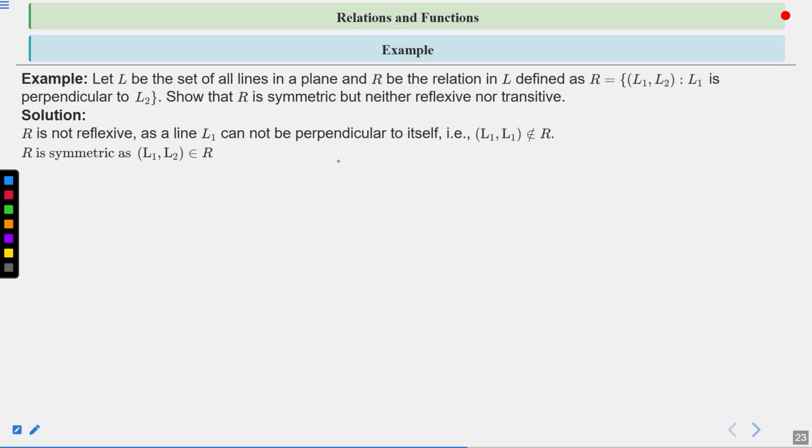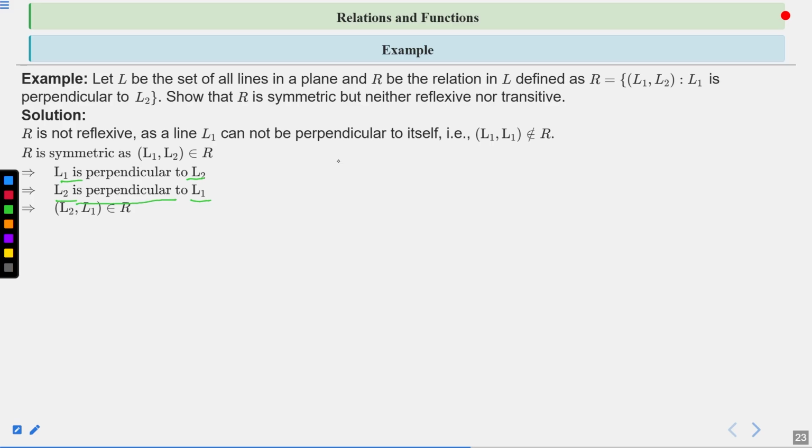Now for symmetricity, for a symmetric relation we always start with a pair belonging to R. If L1 comma L2 belongs to R, then from this we can analyze that L1 must be perpendicular to L2 by the very definition of the relation set. Now this is the same thing as saying L2 is perpendicular to L1. Same information but different words.